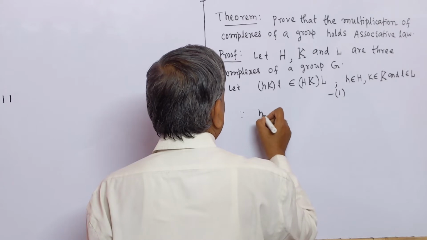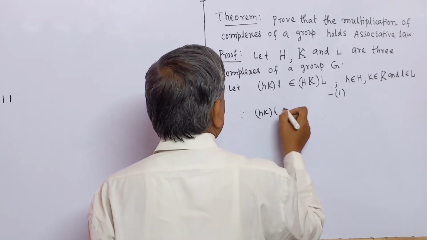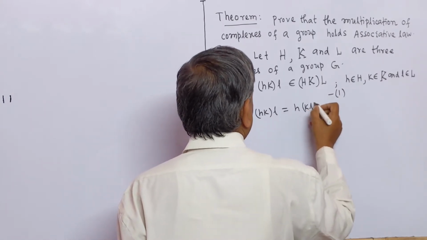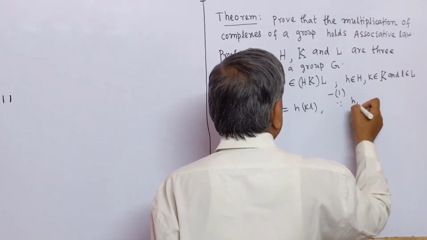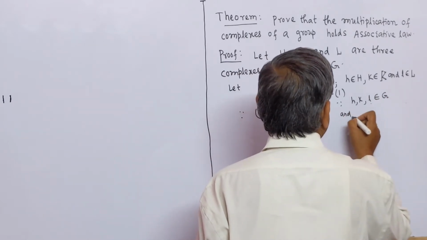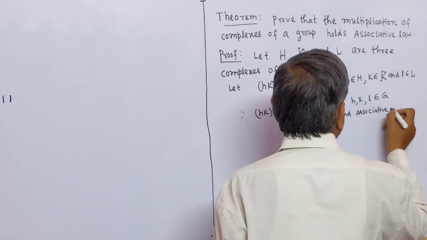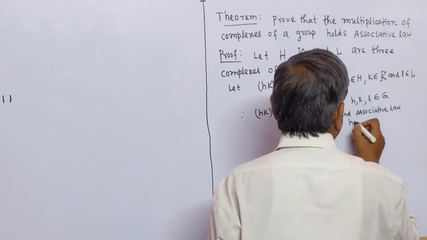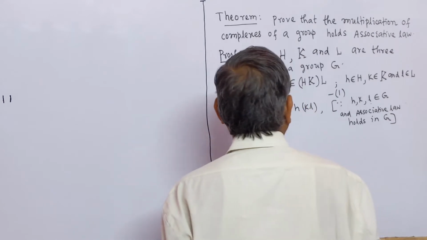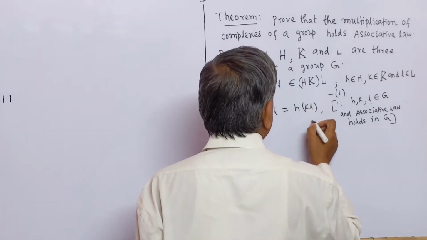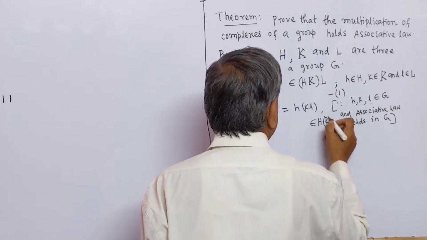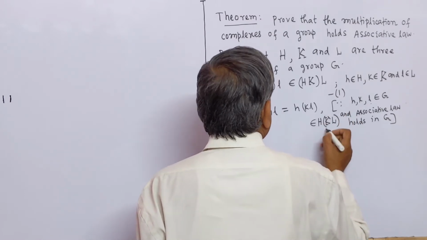Since (hk)l equal to h(kl), since h, k, l belong to group G and associative law holds in G, and this belongs to H(KL). This is number 2.